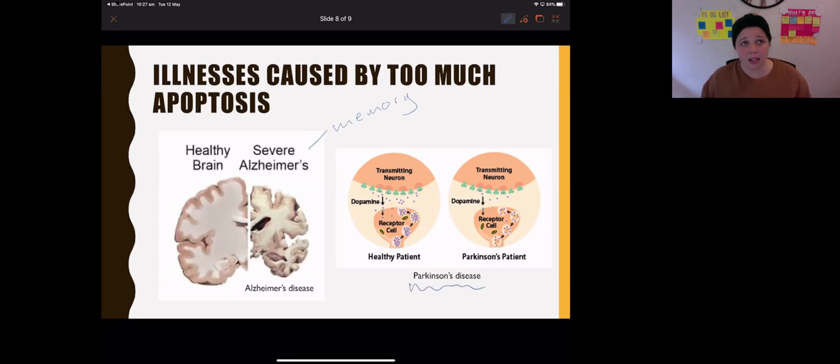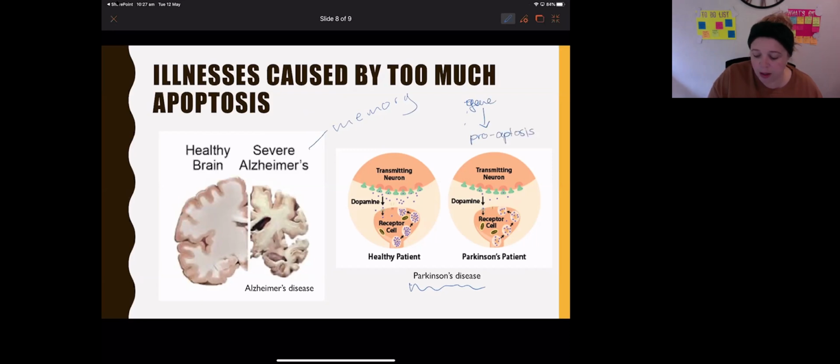So Parkinson's disease is the disease that Michael J. Fox has, and it often causes shaking. And we think that there might be a mutation in the gene coding for proteins that inhibit apoptosis. So this is a really good exam question. So normally you've got a gene that produces a pro-apoptosis protein.